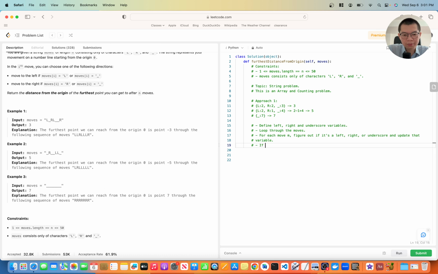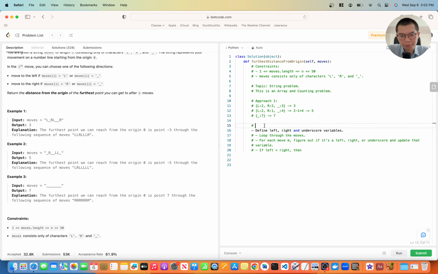If left is less than right, then you have to return. Well, actually, let me define an answer variable too. Actually, I don't even know if I need the answer variable, right?